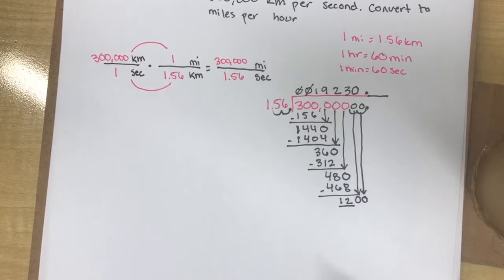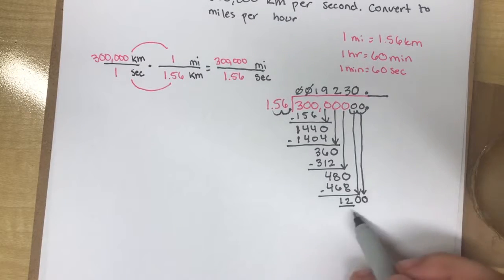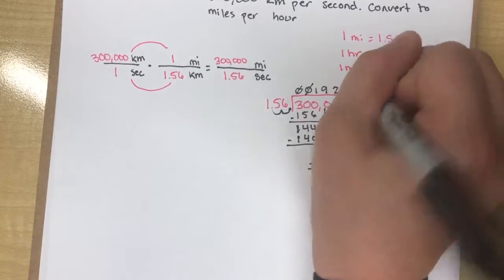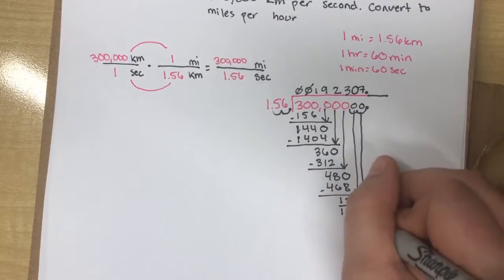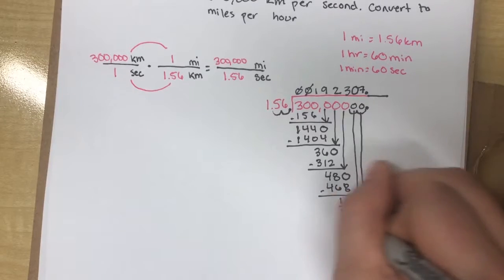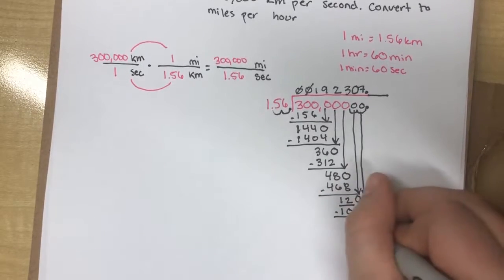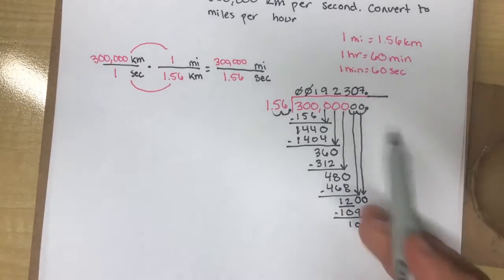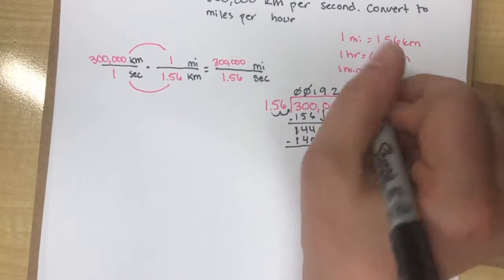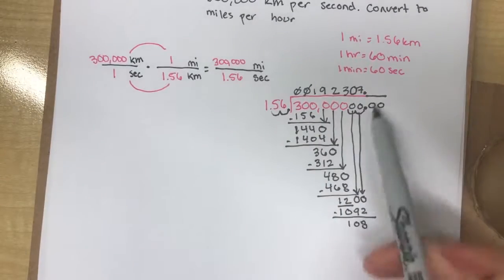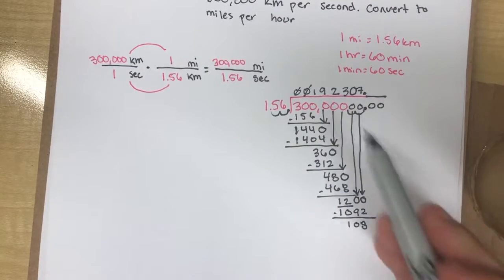So I know 156 goes into 1200 7 times, because 156 times 7 is 1092. Subtract that, and I get 108. And now here's my decimal, so I'm going to add 2 more zeros because I want to go to the hundredths place.